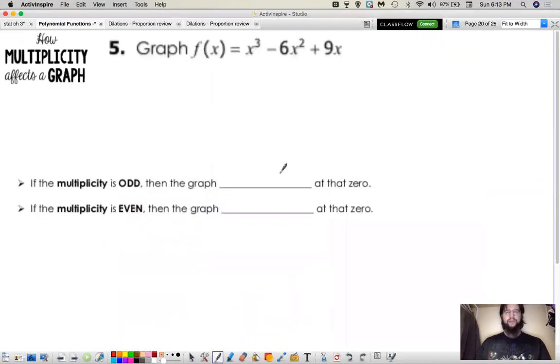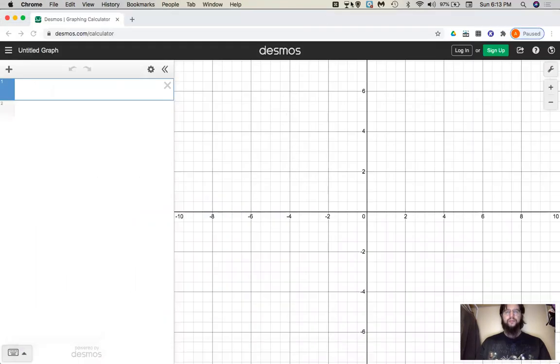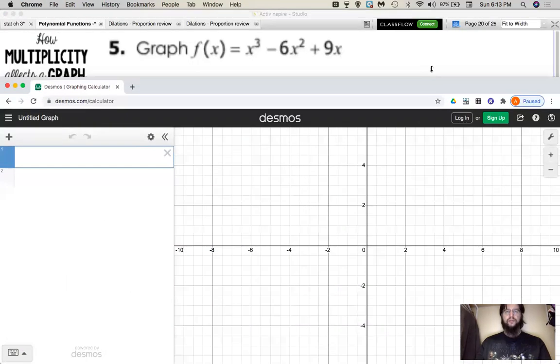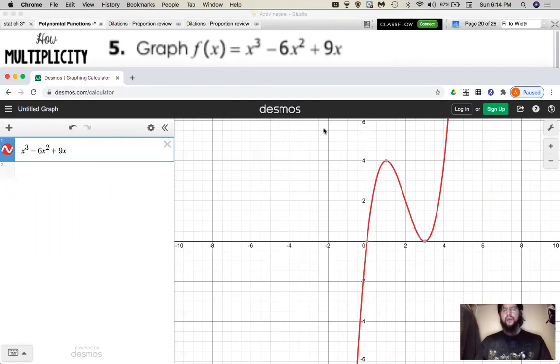Let's look at another one. x cubed minus 6x squared plus 9x. So we're going to graph this thing. We're going to graph it and see what it looks like. x cubed minus 6x squared plus 9x. Okay, this is what we got. I'm going to go ahead and just snap a picture of it.